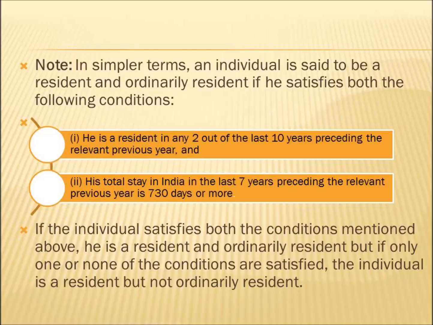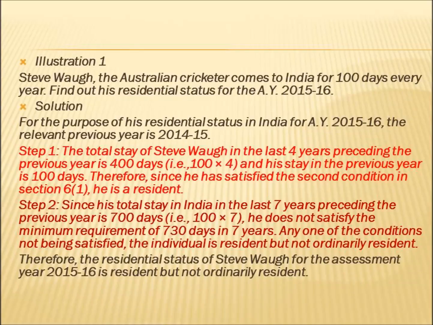We'll discuss all these things in detail and with examples to make the concepts more clear. So let us take one example to make this concept more strong in our minds. Now let us take this illustration for understanding the concept of residential status and the various types of residential status in more detail and more clearly.